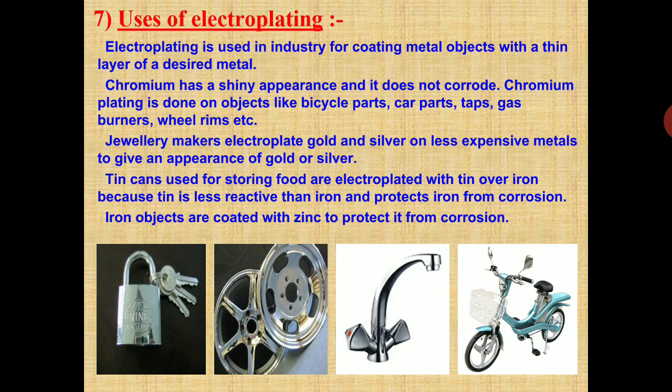Electroplating is used in industry for coating of metal objects with a thin layer of a desired metal. Second, chromium has a shiny appearance and it does not corrode easily.